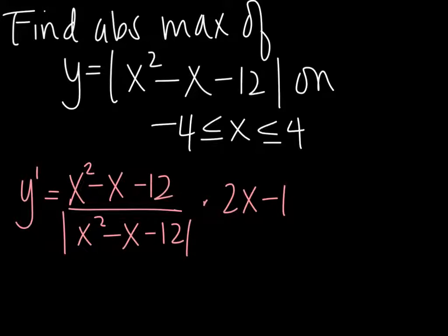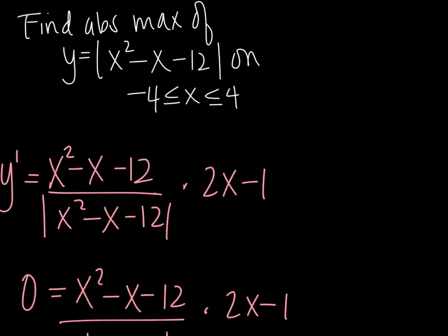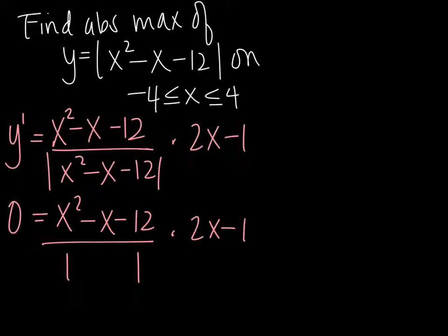And since we are finding the absolute maximum, we're going to go ahead and set that derivative equal to 0. So 0 is equal to all this stuff, times 2x minus 1. Since we are multiplying, we can go ahead and write that with parentheses there.